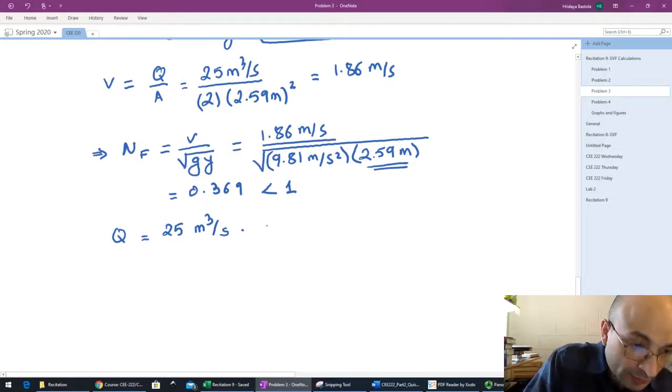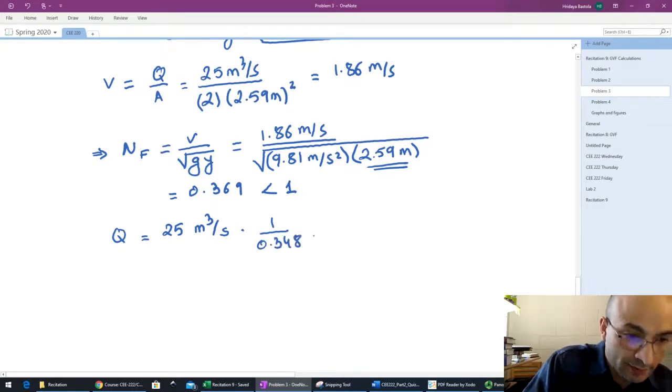So let's use the conversion factors. In 1 meter cube per second, you have 35.3 cubic feet per second.